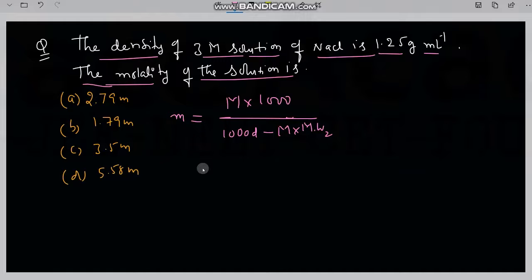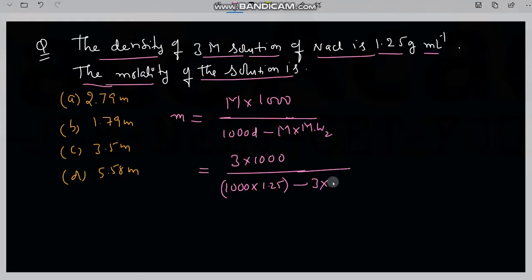So if you substitute in this, the molarity of the solution given is 3, into 1000, by 1000 into the density given as 1.25, minus molarity 3 and the sodium chloride molecular weight 58.5.